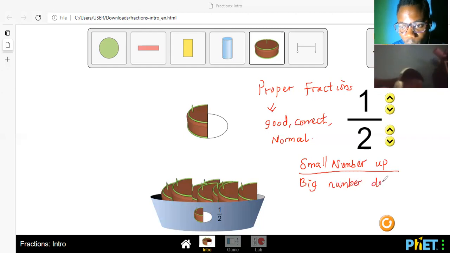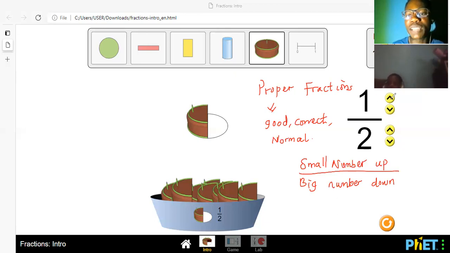Okay. That is proper fraction. So can you see 1 over 2? Can you see that this is normal? 1 is small and 2 is big.